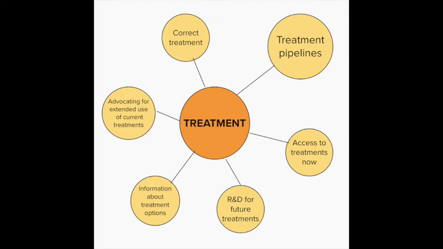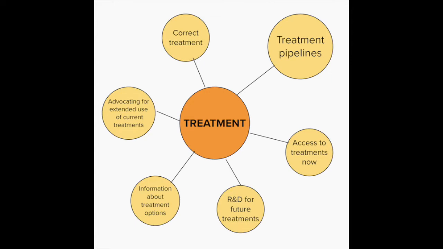Then we have also advocating for extended use of current treatments that are there already, and information about treatment options. Also, research and development for future treatments was mentioned as a need, as well as access to treatments right now, so that there is no further delay for some people who have the treatment options there, but still don't have the access.